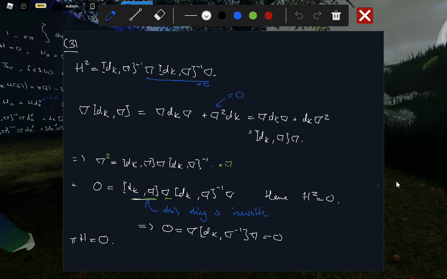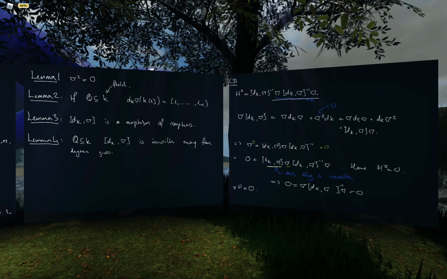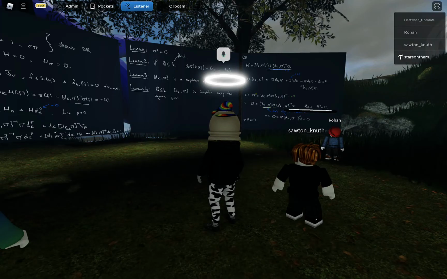I think the inverse is outside the bracket. Yeah, you wrote nabla inverse, and that is part of our formula for h, at the top here. Cool.